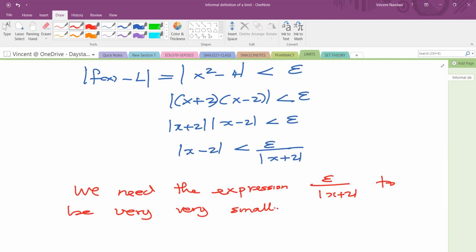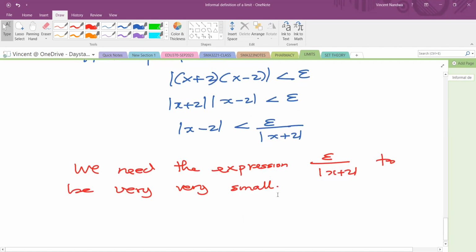And so for us to make this very small, we will control it by using the absolute value of x minus 2.